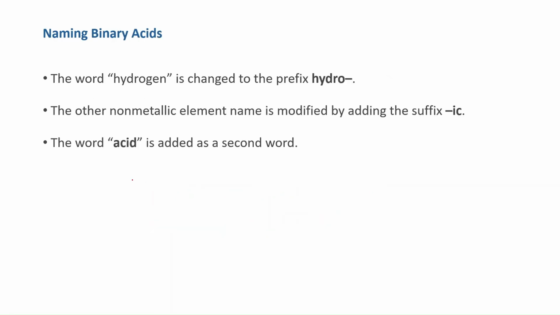Remember, originally we call it hydrogen chloride. When you're referring to the acid, you change the word hydrogen to hydro. Instead of chloride, we're going to add ic. Instead of ide, ic.